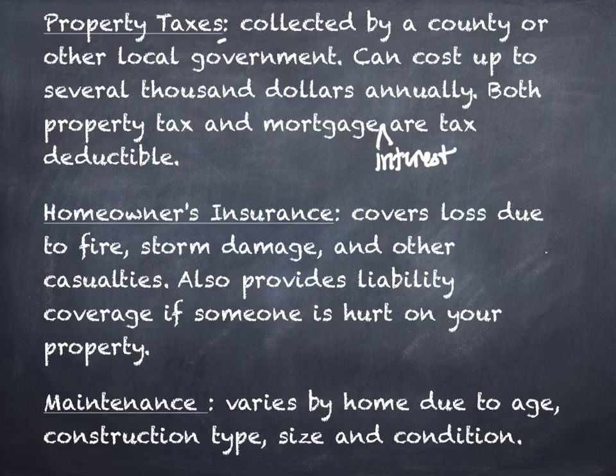One third thing that's a biggie is maintenance. Depending on the age of the home, how it's constructed, its size, its condition, you may have maintenance fees too. And I don't mean just like, oh, I have to mow the lawn, although there is that. But if the dishwasher breaks, you're responsible for it. It's not the landlord that's responsible for it. It's you.